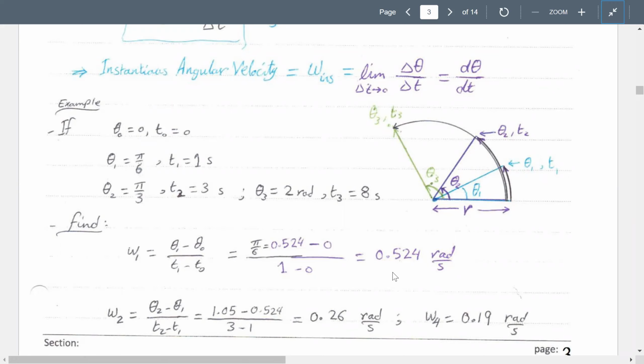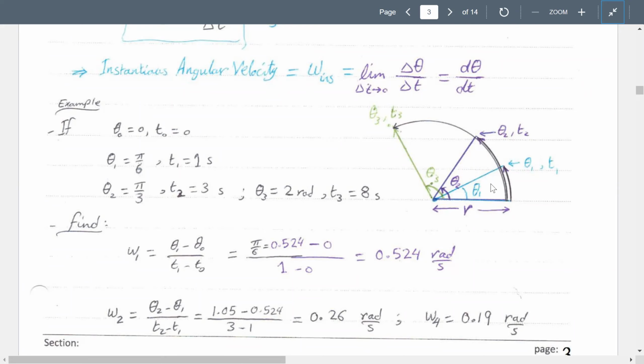It will be 0.524 radian per second. So the average velocity of this object when it moves from this point to this point is 0.524 radian per second.